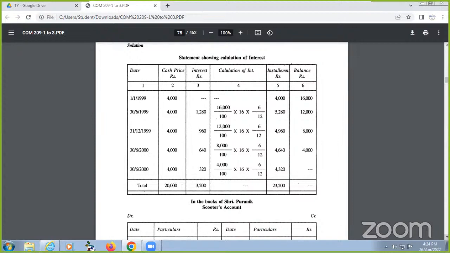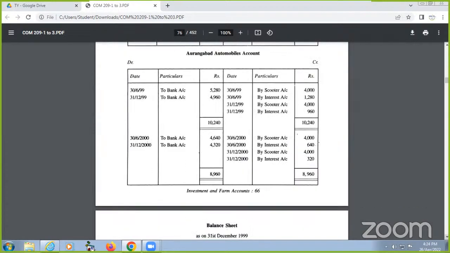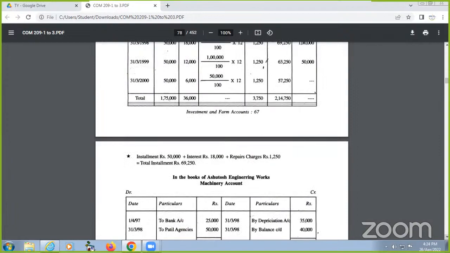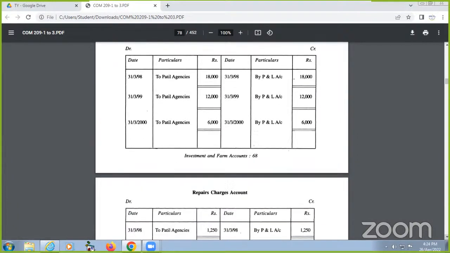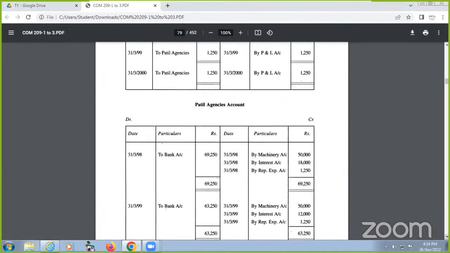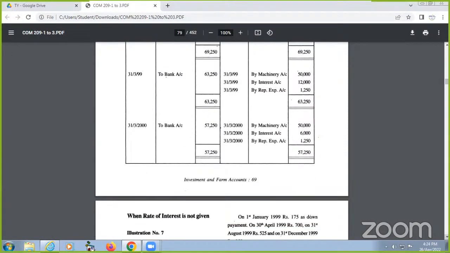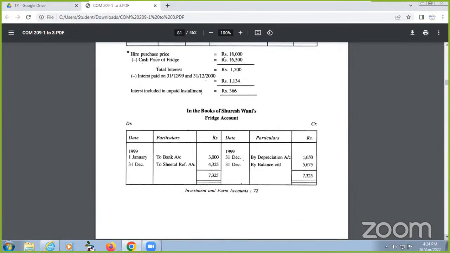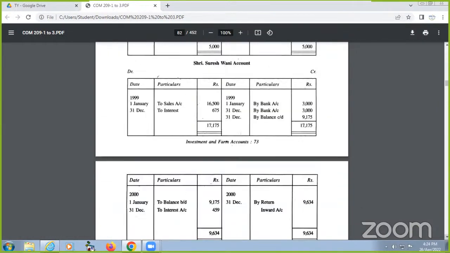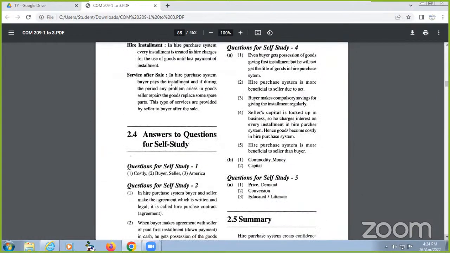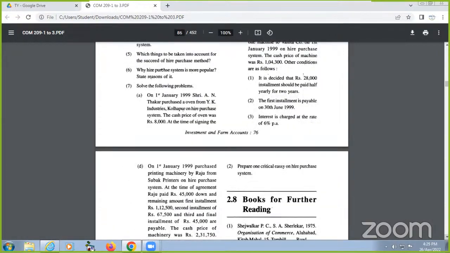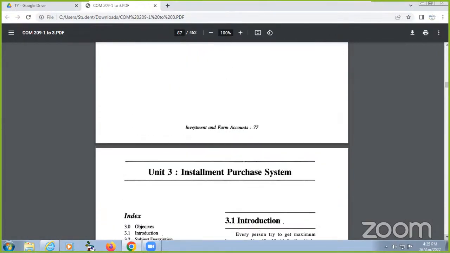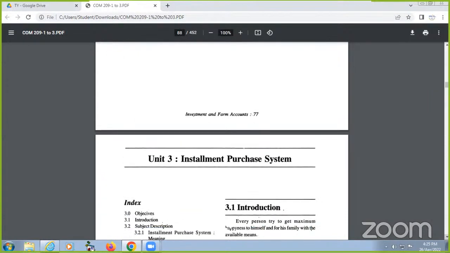So according to that, we can also calculate hire purchase interest, down payment, cash payment, and installment. So it will be a similar problem. Just put it on this table, and according to the table, you can correct the account.